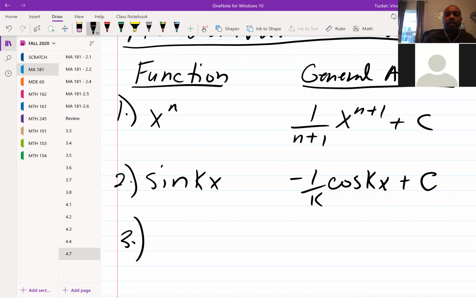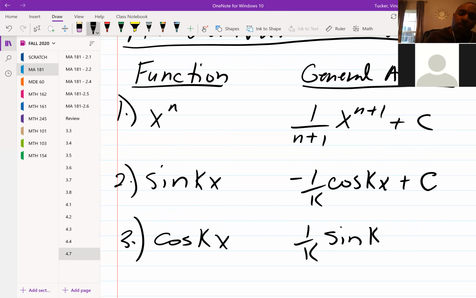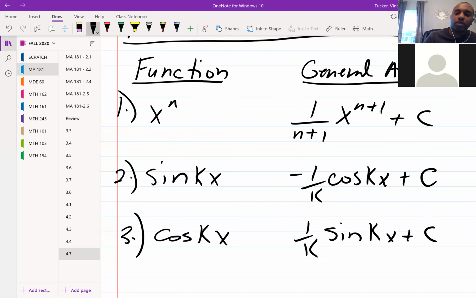Then the antiderivative of sine of kx is negative 1 over k cosine of kx. The antiderivative of cosine of kx is 1 over k sine of kx. All of those have plus c at the back because they're the general antiderivatives.